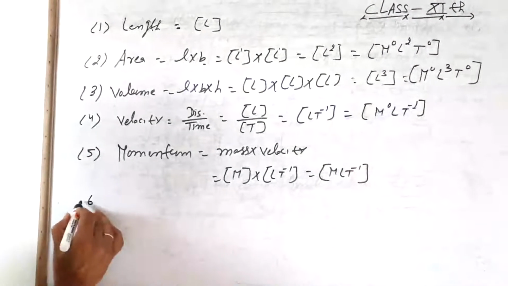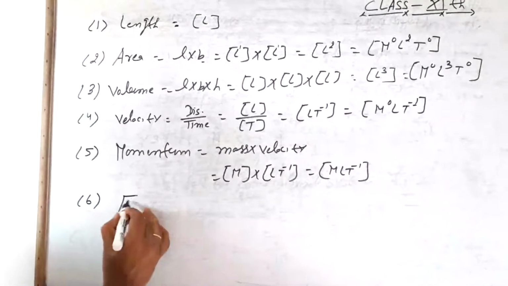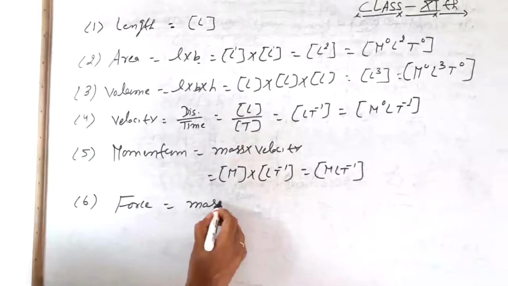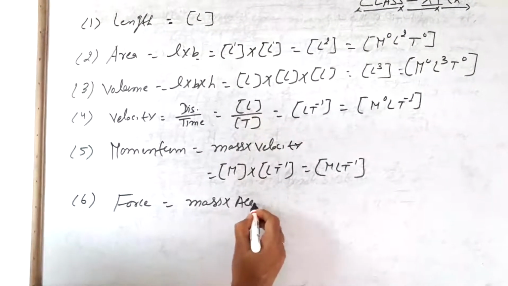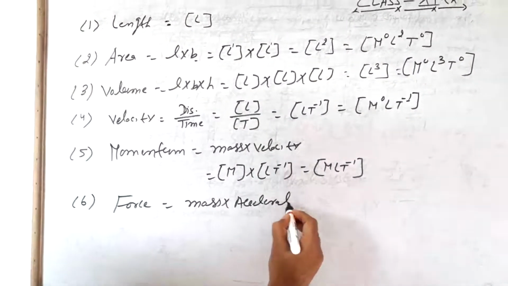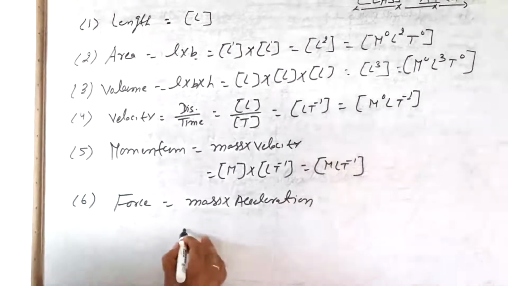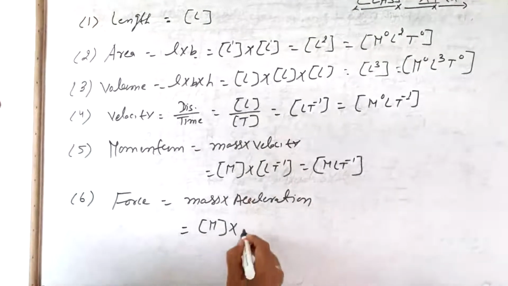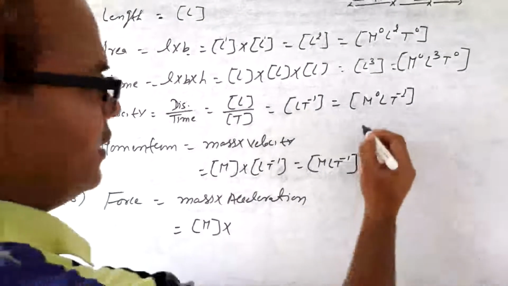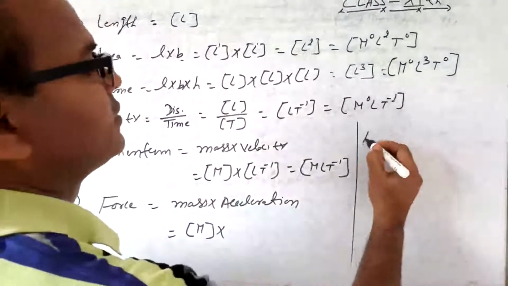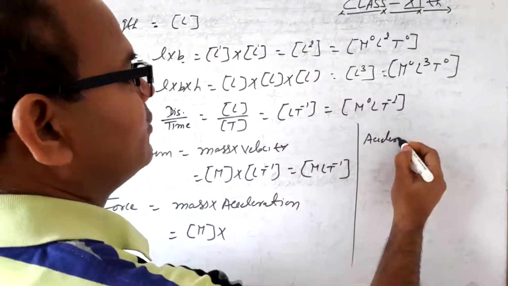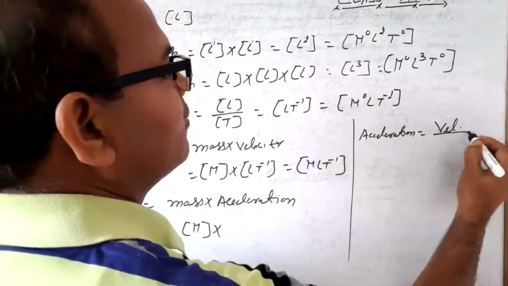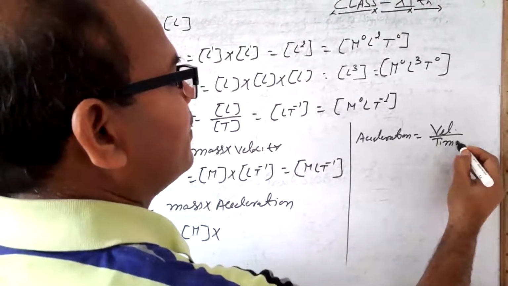Next is force. What is the formula of force? Mass into acceleration. So mass stands for M, and acceleration means velocity upon time.